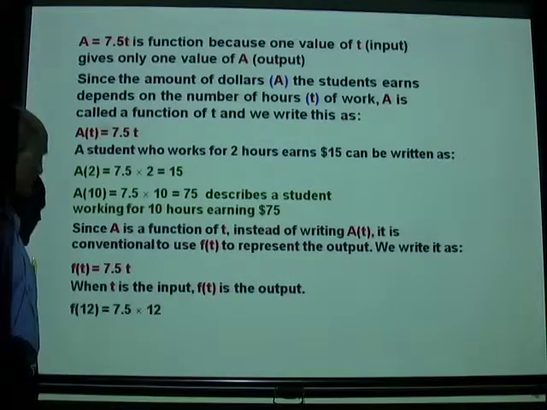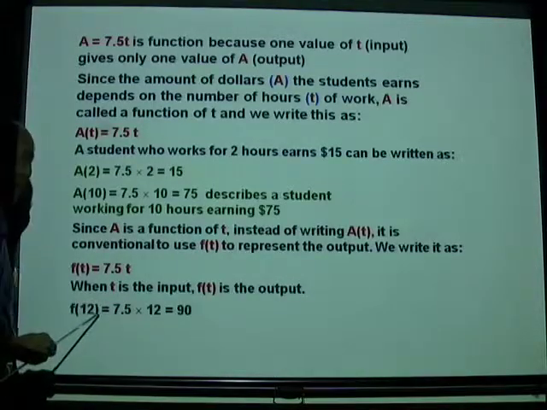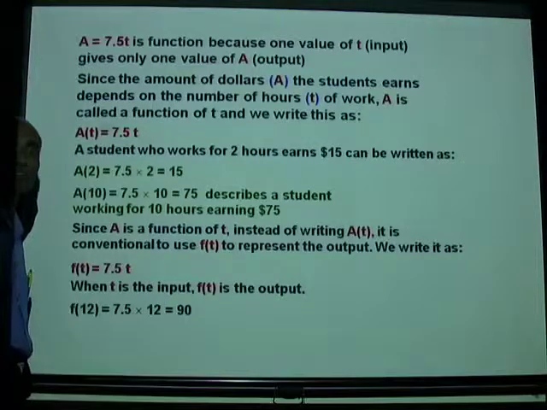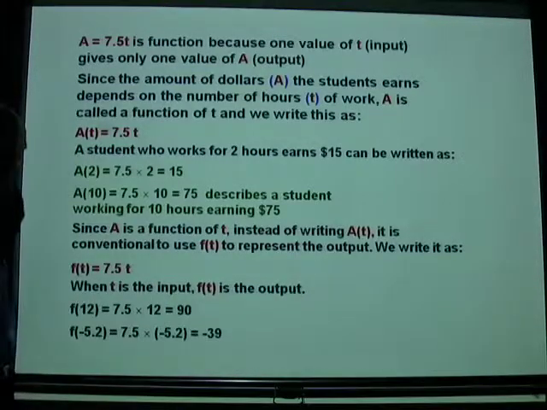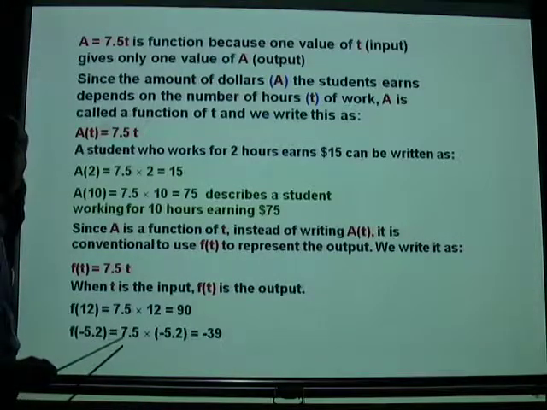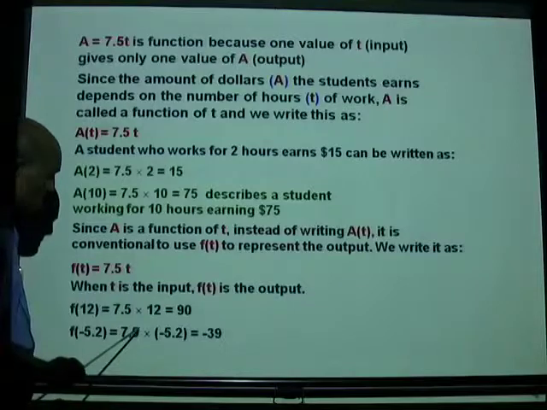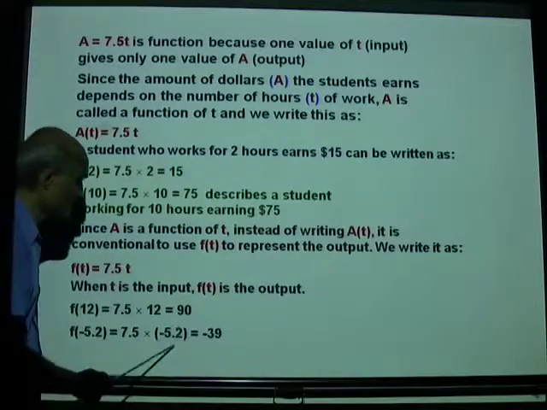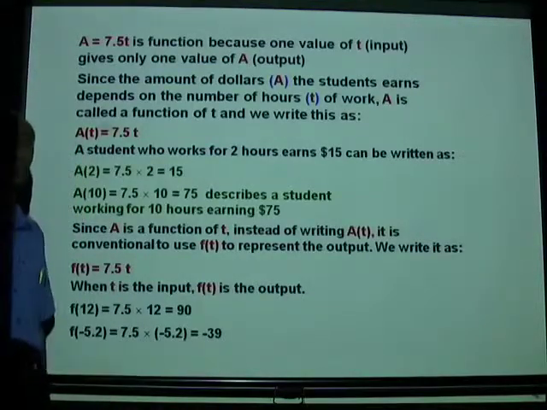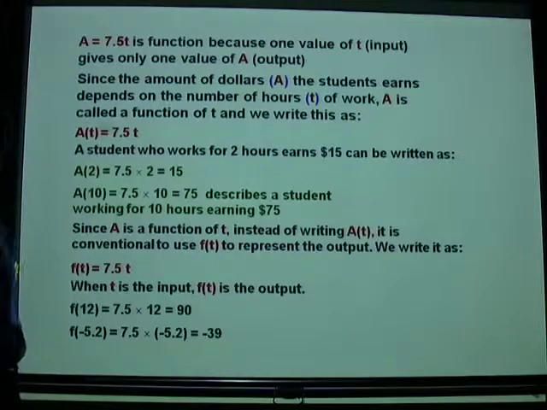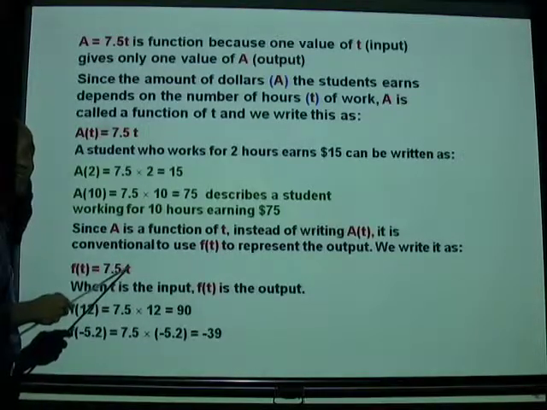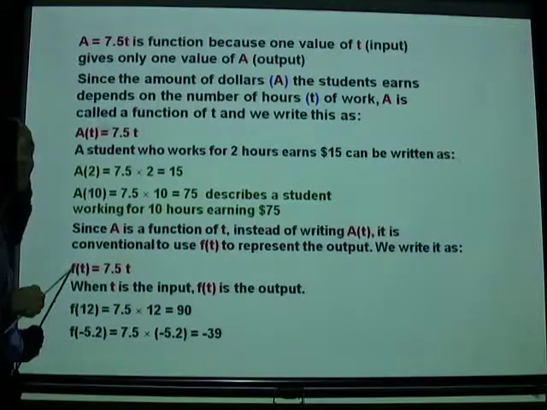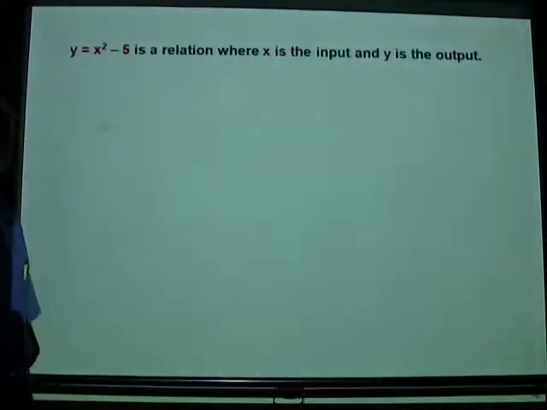All right. Now, f of 12 equal to 7.5 multiplied by 12 equal to 90. Similarly, f of negative 5.2 is 7.5 times negative 5.2, that is negative 39. In other words, for any input, there is a corresponding output for this function.